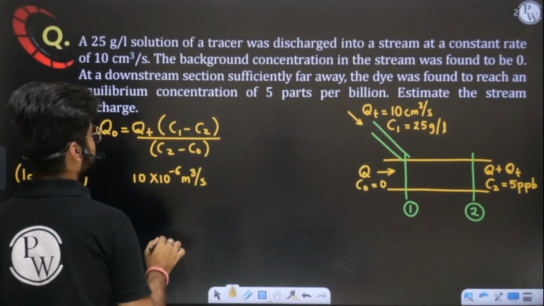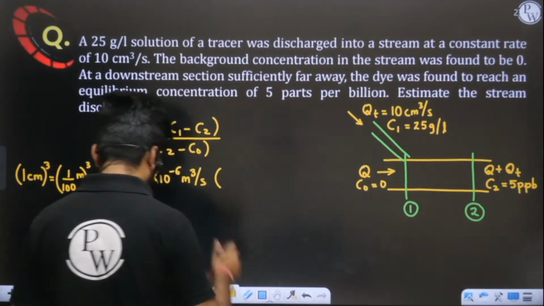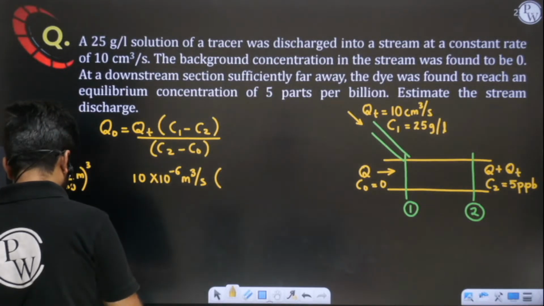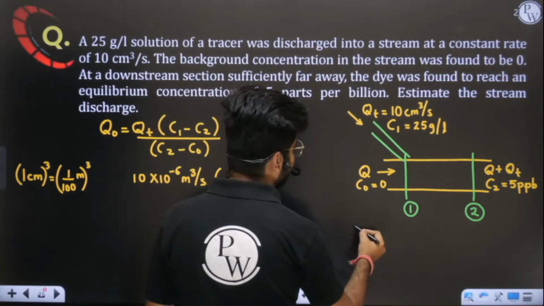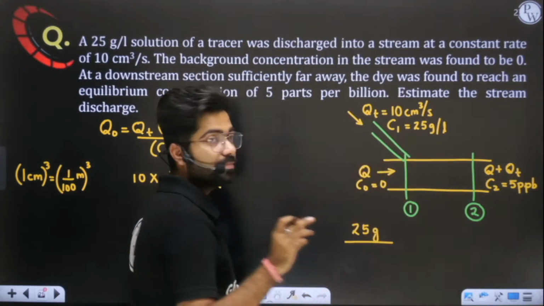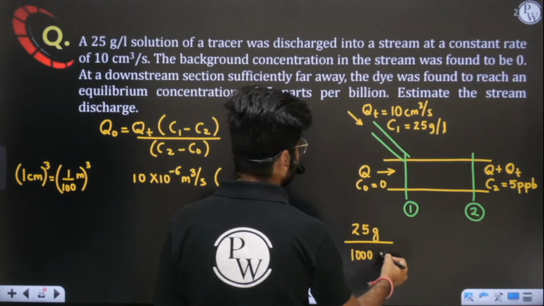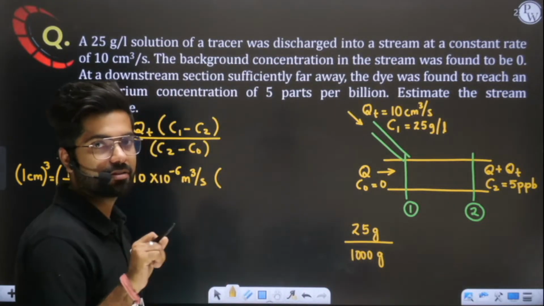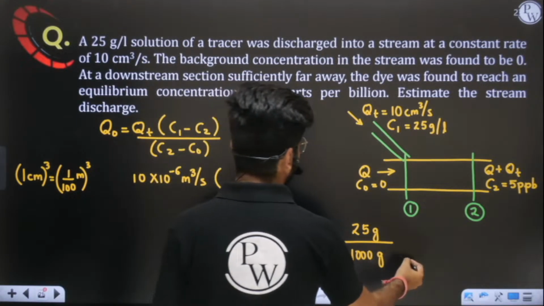Now C1 is what? C1 is 25 gram per liter. You need to understand, the tracer concentration is 25 gram. 1 liter of water generally weighs 1000 gram. 25 gram is the weight of the tracer, and approximately 1000 gram is the weight of the solution.